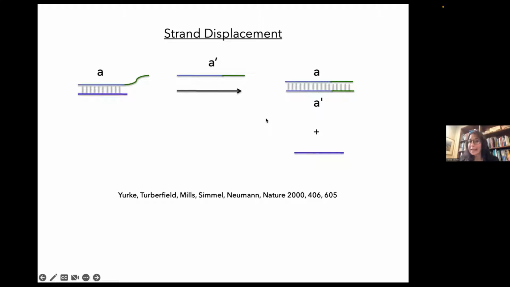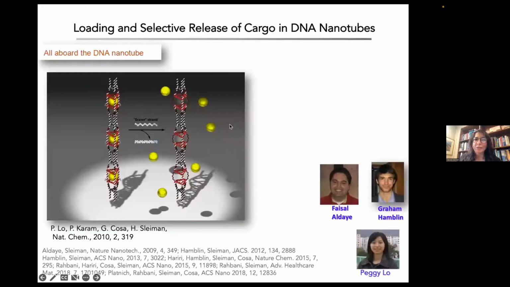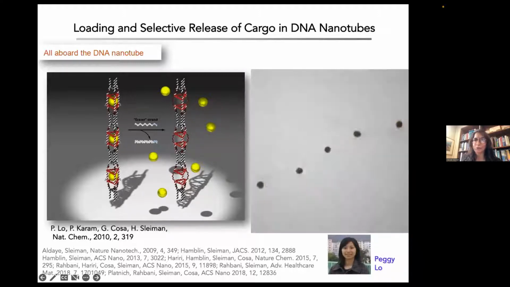It occurs in seconds. And the reverse of this reaction is very difficult because the short strand does not find an overhang or a single-stranded DNA in order to grab it and go backwards. And so this is the basis of a lot of, as I said, nanomachines with DNA. We're going to use it in our case. So what we're going to do is have our DNA strand here fully complementary to these strands, and that's how it's going to remove them.